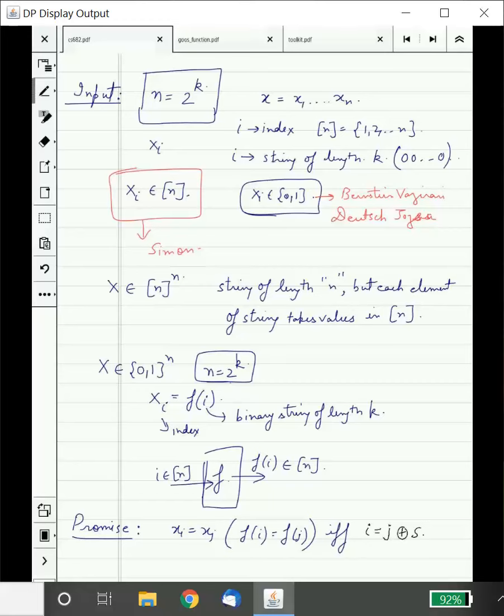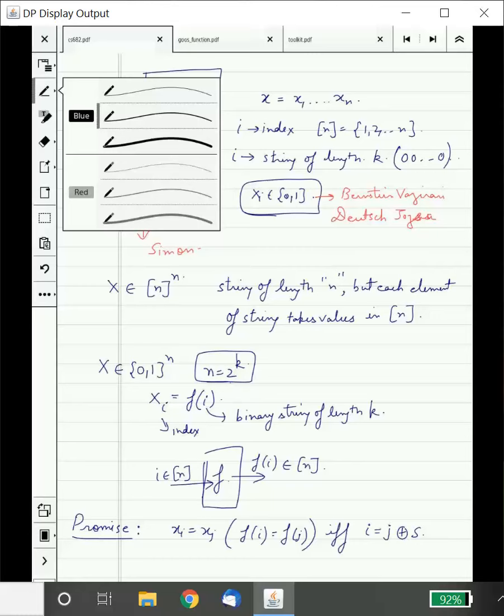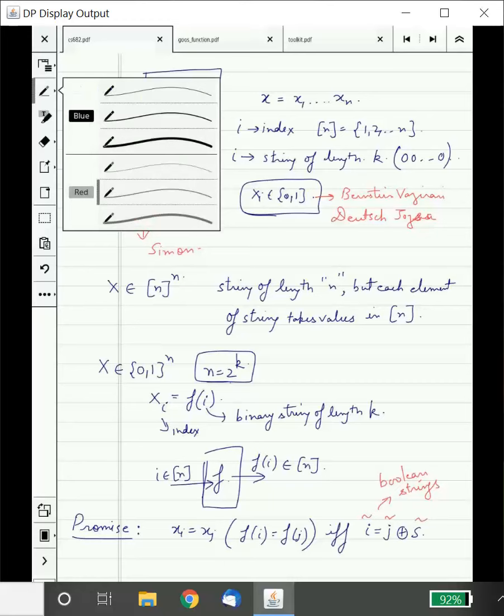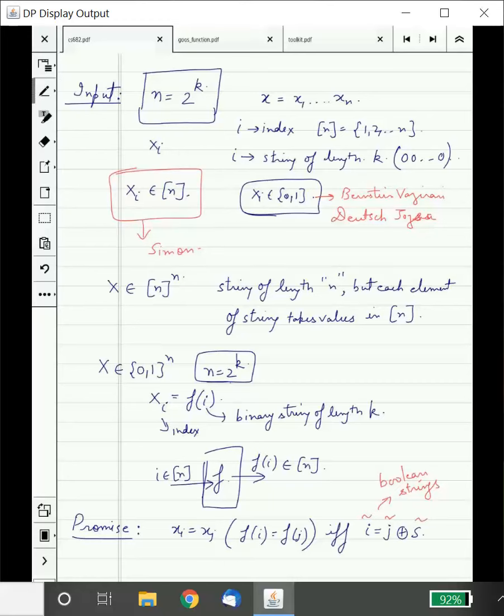When I write this equation, I am viewing i, j and s as Boolean strings. Hence, I can define the XOR operator between these k-bit strings. These are element-wise XORs of j and s. If this happens, then x_i is equal to x_j.